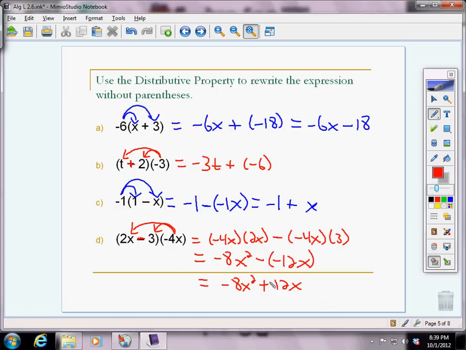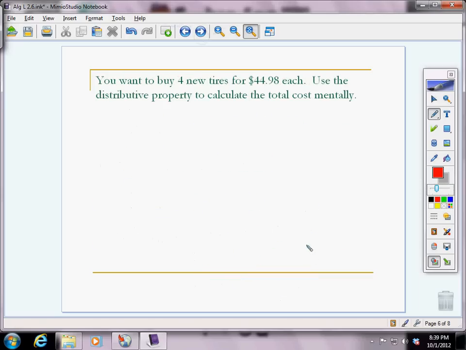Now this is usually how you're going to use the distributive property when you're given variables and we want to simplify an expression. But we can also use the distributive property to help us with mental math. If you look at this example, it says you want to buy 4 new tires for $44.98 each. Use the distributive property to calculate the total mentally. Well, let's just write down what we'd be thinking.